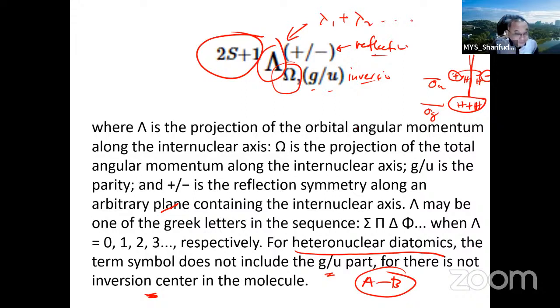But inversion, by default, means you have two same atoms on both sides, and there's an inversion point there in the middle. So for heteronuclear diatomics, it doesn't work. So there's no g or u for heteronuclear diatomics.